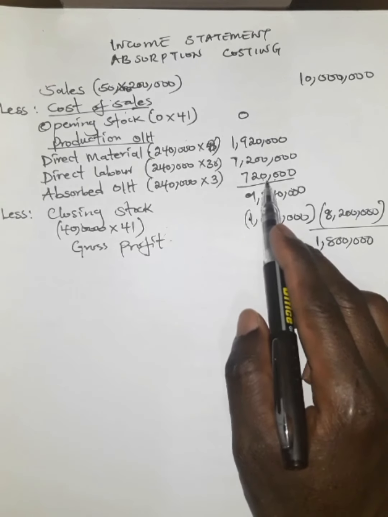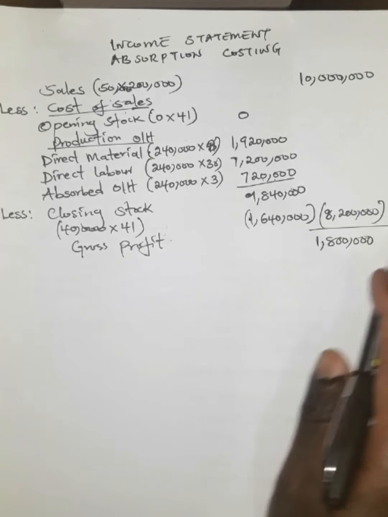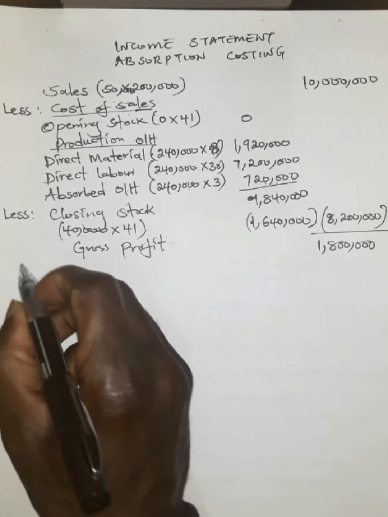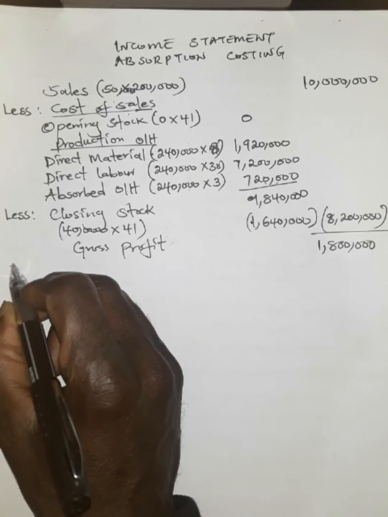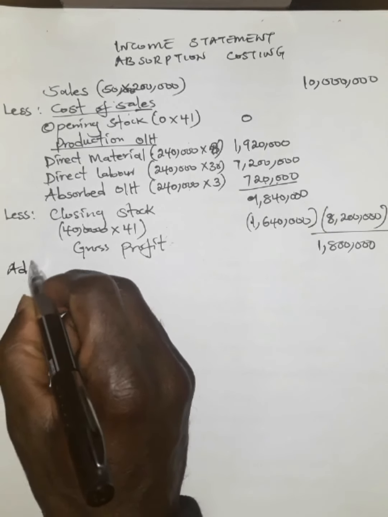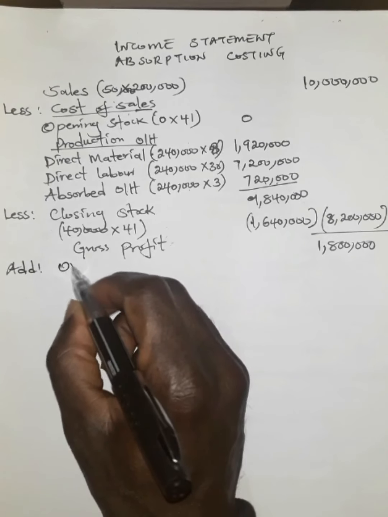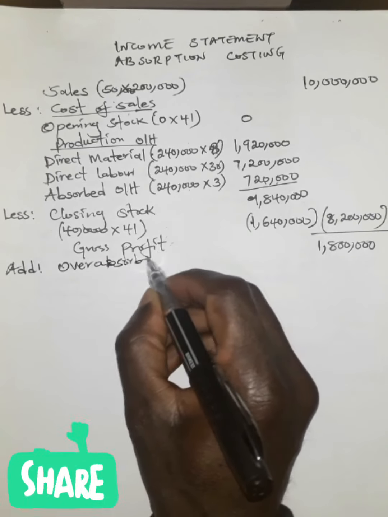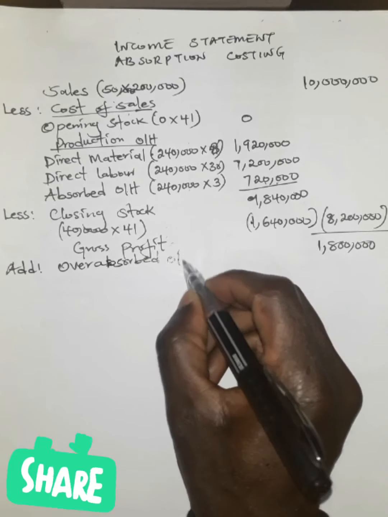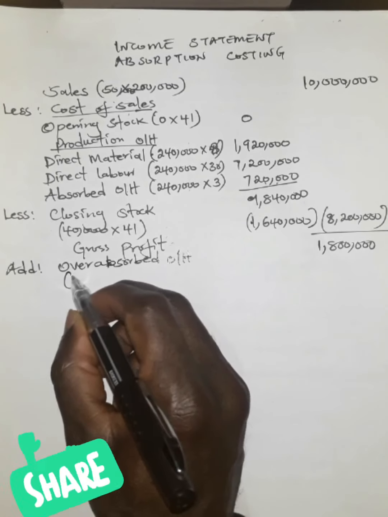So it means excess was absorbed, which is an overabsorption, so we are going to add. We add the over absorbed overhead. And how do we get that?